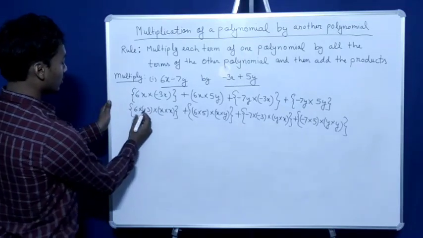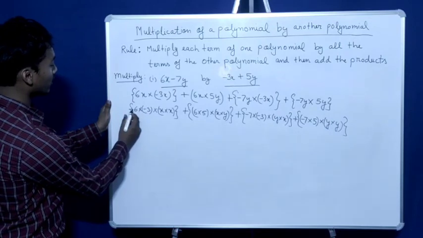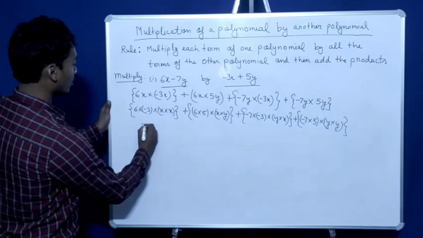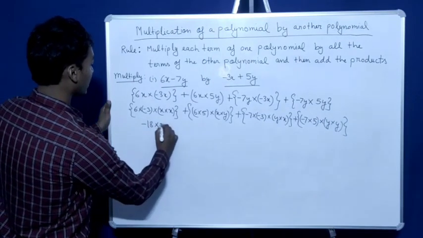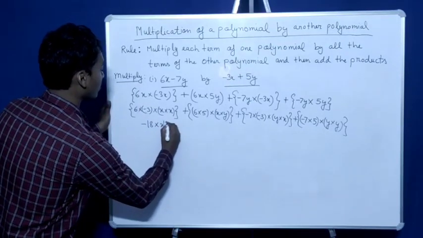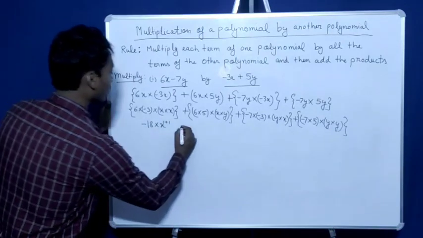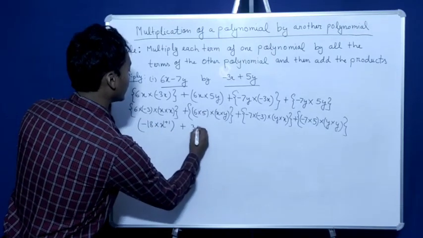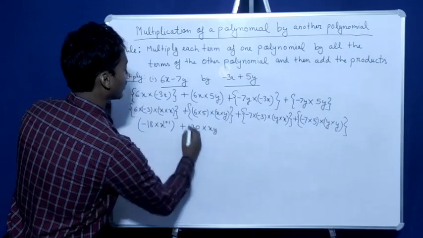So before multiplying the numbers, let's check the signs. So here we have a positive and a negative. So negative and a positive multiplied together gives you negative. So 6 3s are 18 multiplied by x raised to the power 1 plus 1. 2 x's are there, right? So plus 6 5s are 30 multiplied by xy.